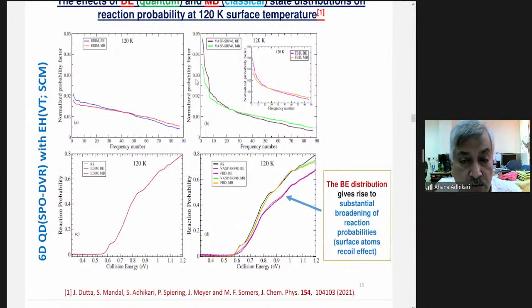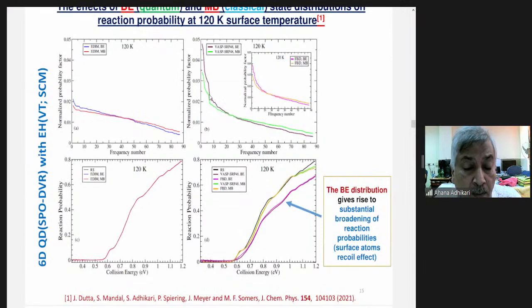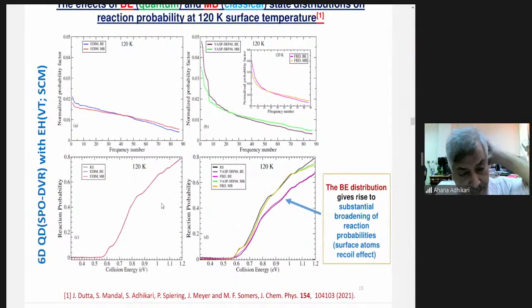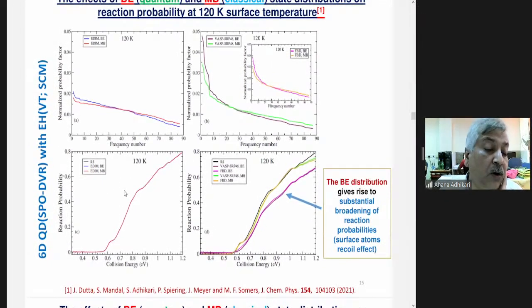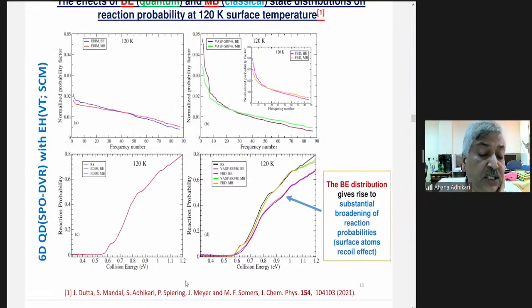They have higher magnitude if you go to the other method, and this method of calculating frequency is the most accurate. At 120 you can see the VASP calculated frequency with the Bose-Einstein probability factor has a much higher probability factor compared to Maxwell-Boltzmann, and that finally reflects in the reaction probability versus collisional energy.